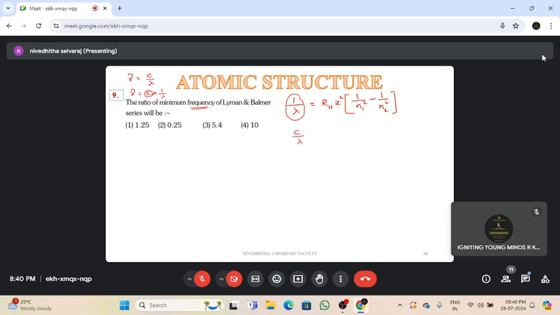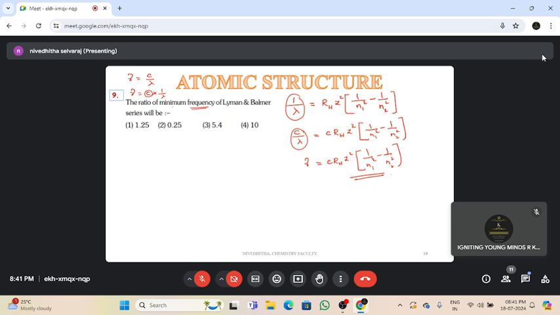So c by lambda is equal to c into Rydberg constant into Z square into 1 by n1 square minus 1 by n2 square. What is c by lambda? We know it is nu. So nu, which is frequency, is equal to c, Rydberg constant, Z square into 1 by n1 square minus 1 by n2 square. This is the formula we're going to use here.